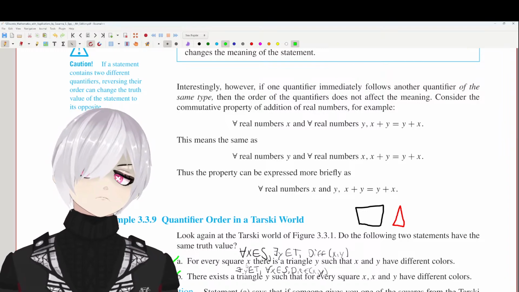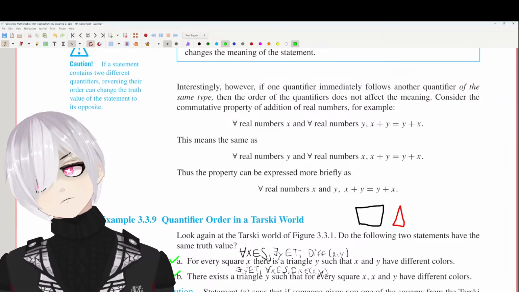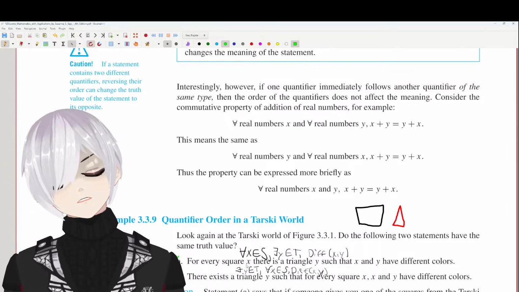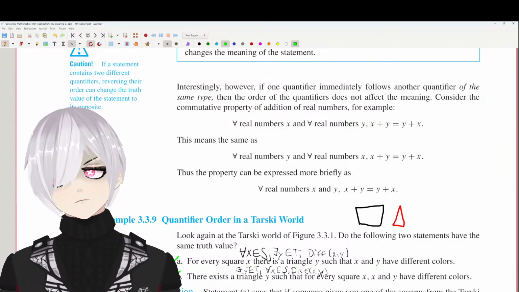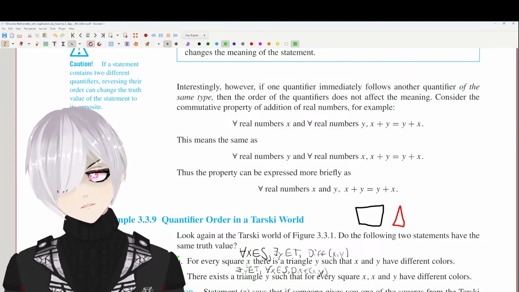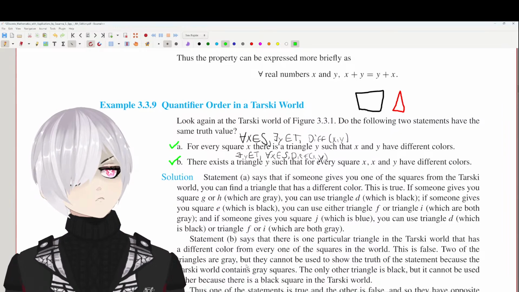Nor do they contradict each other. If they contradict each other, that would mean they always have different truth values. Logical equivalence just means that they always have the same truth value in every scenario. So if there's a scenario you can think of in which they don't, then they're not logically equivalent. Okay.